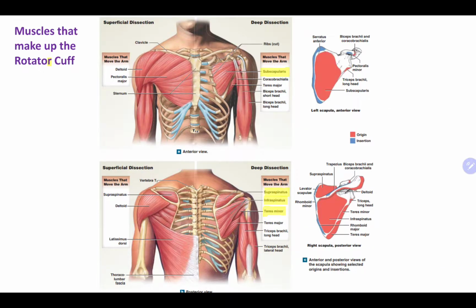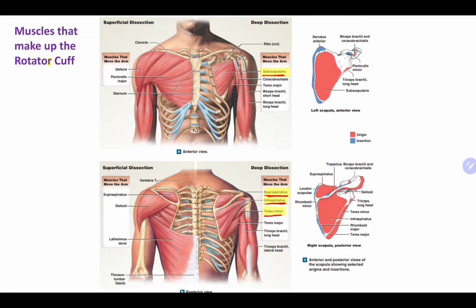There are some muscles that make up the rotator cuff. So you think of some sports injuries, like a football player, maybe even a baseball player. They can have injuries to their shoulder, and there are some muscles that make up this rotator cuff. Those being the teres minor, the infraspinatus, the supraspinatus, and the subscapularis.